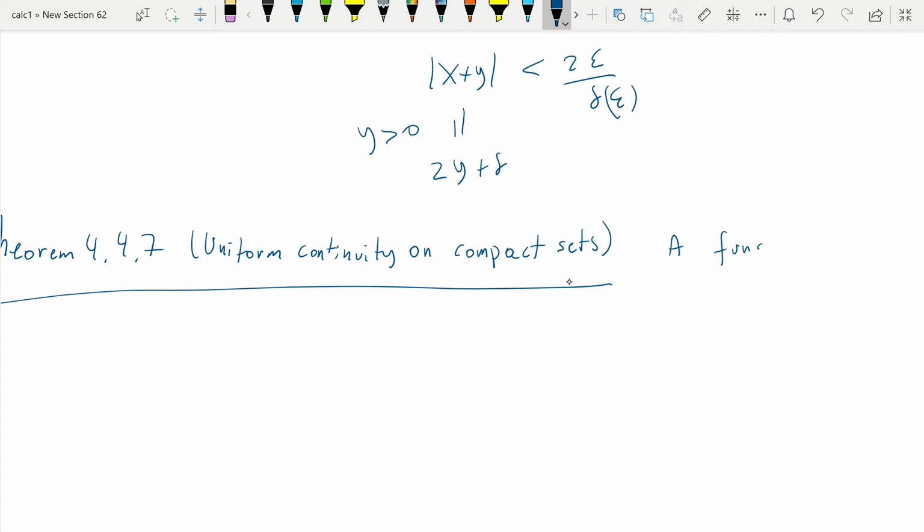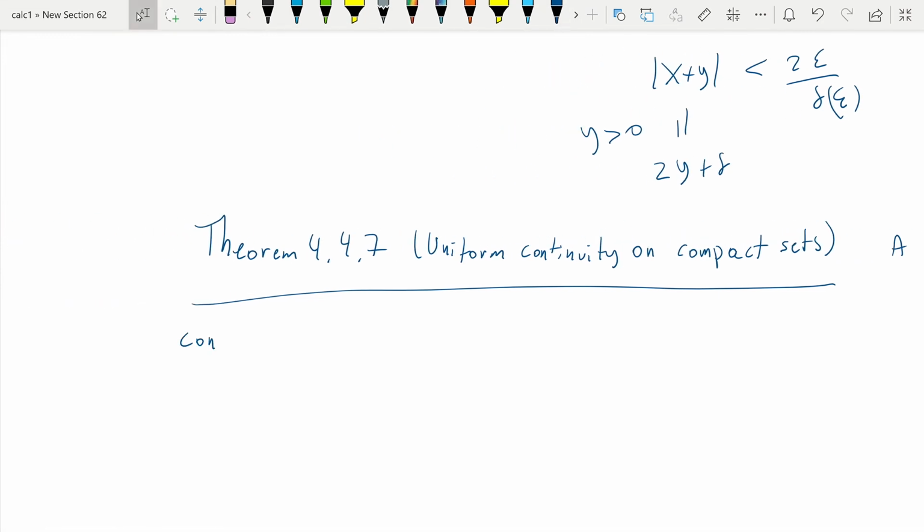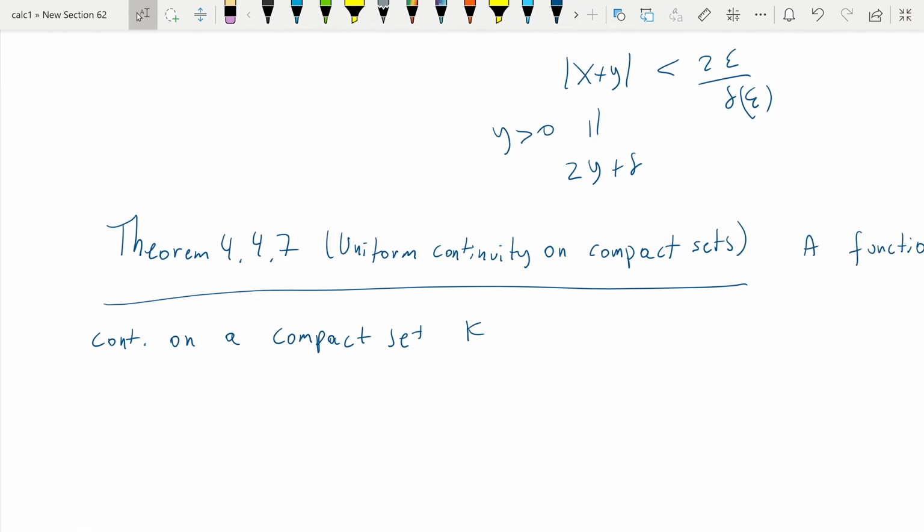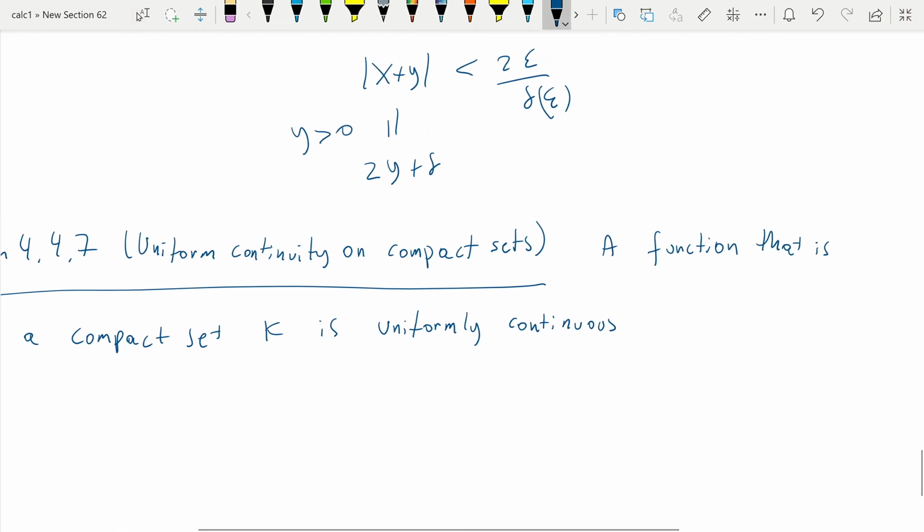That a function that is continuous on a compact set K is uniformly continuous on K.